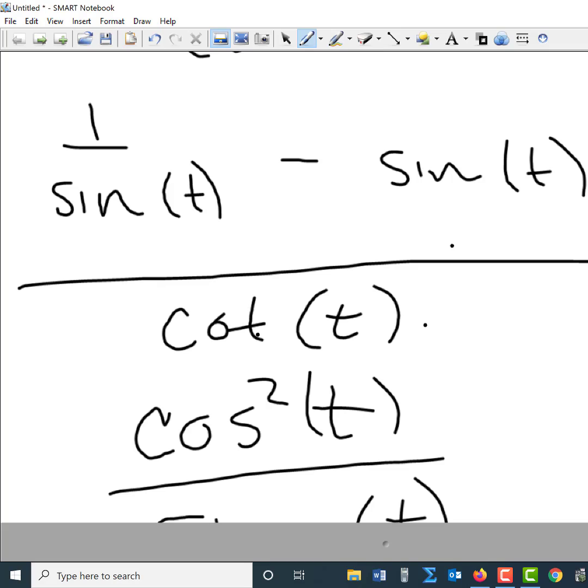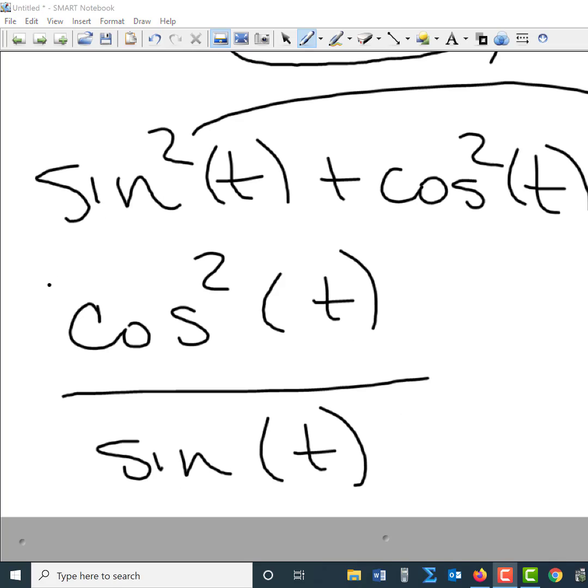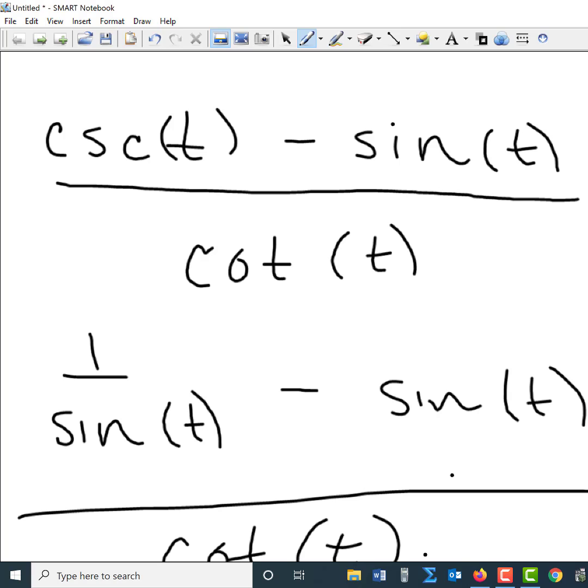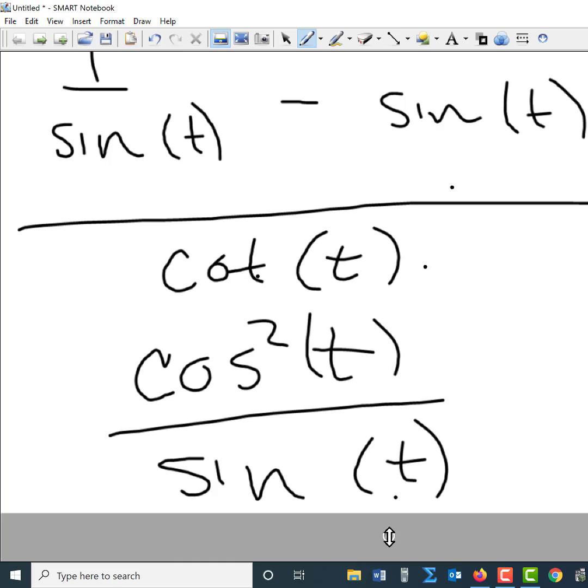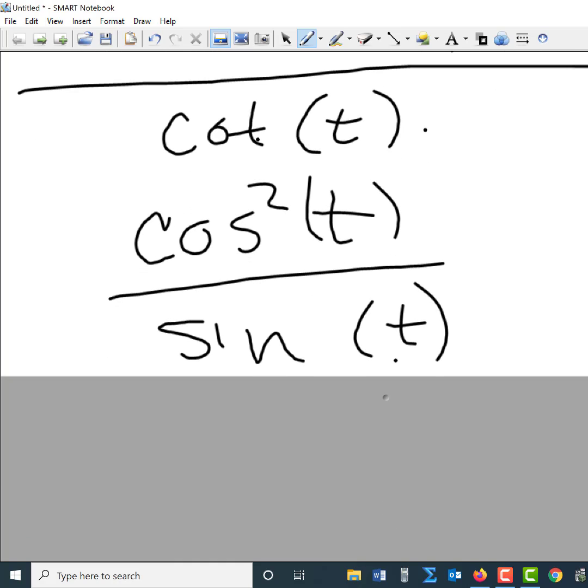Well, with our trig identities, we know that 1 minus sine squared is actually equal to cosine squared. So what we have now, if I bring that sine squared over to the other side, it's equal to what I have on the top of my fraction. 1 minus sine squared is equal to cosine squared. So in our original problem, we now have on the top cosine squared, and we still have on the bottom sine.